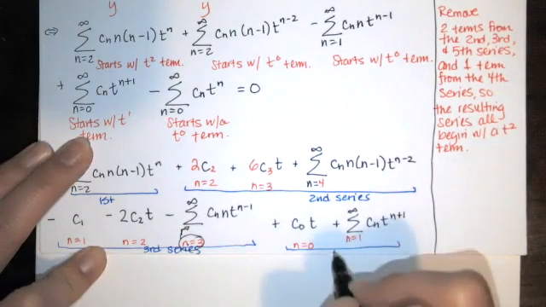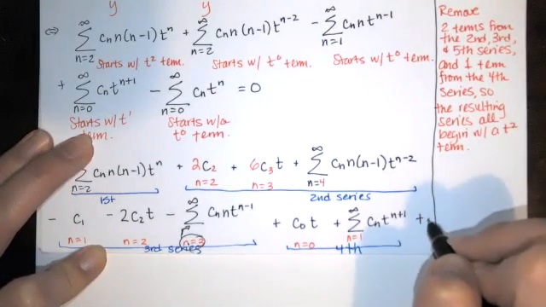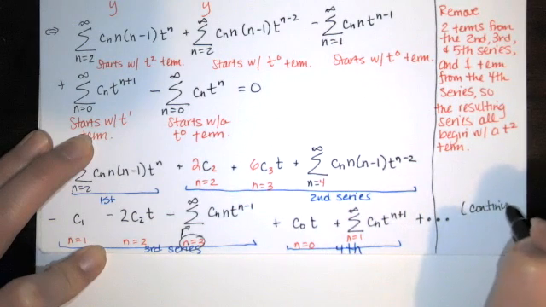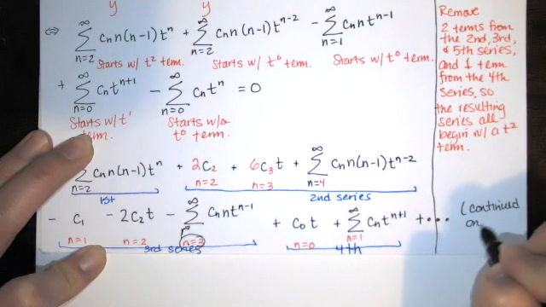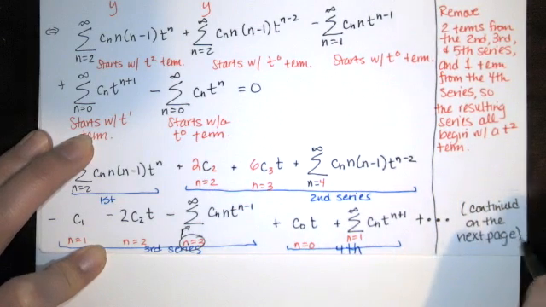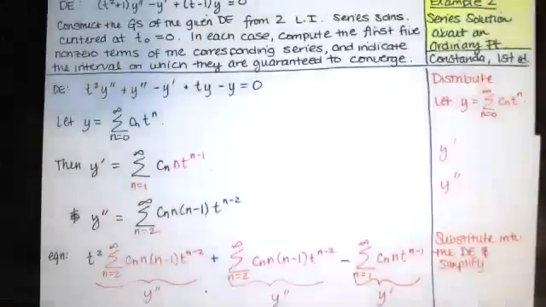So this is our fourth series. And I'm going to write plus dots because I want to continue this on the next page. We need to add in that last series, which starts with a t to the 0.